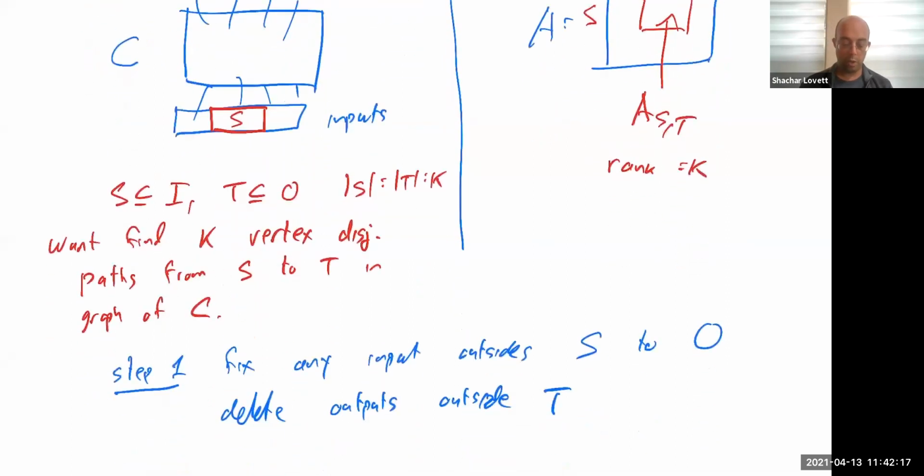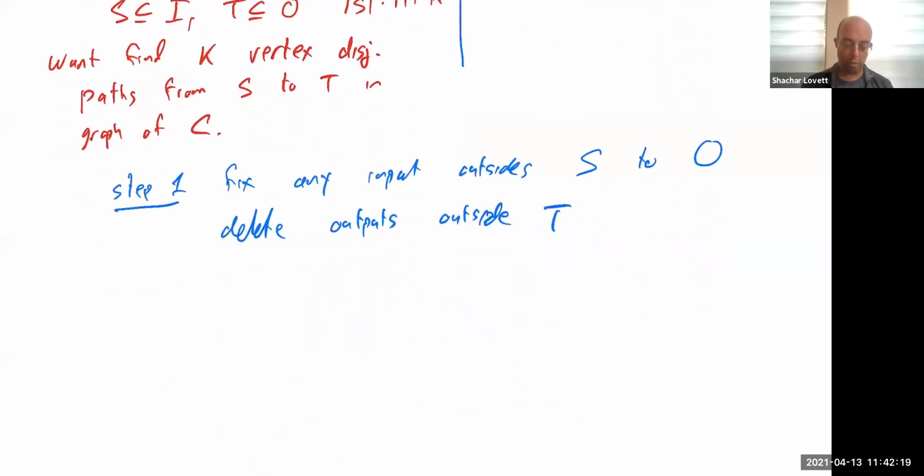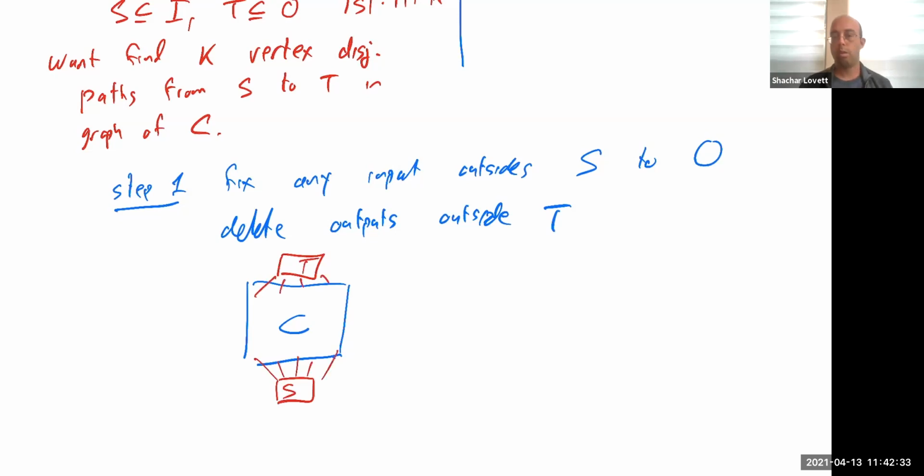Now we have a truncated circuit. Here's again a circuit, but now the only inputs we see are S, and the only outputs we see are T. Everything else we kept as is, just so it's easier.